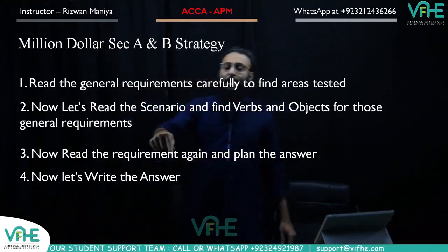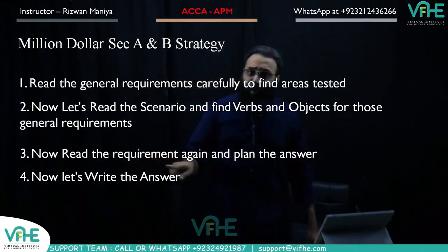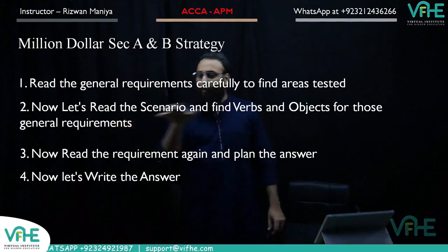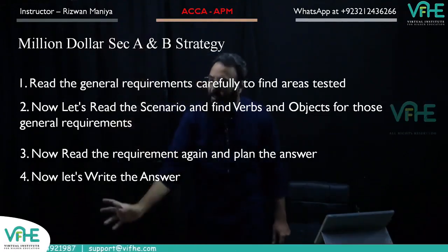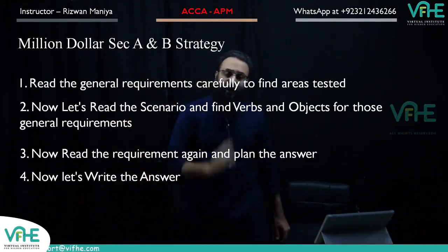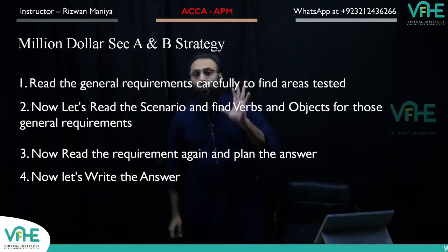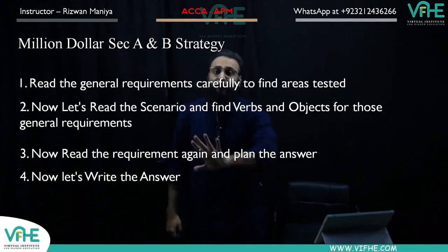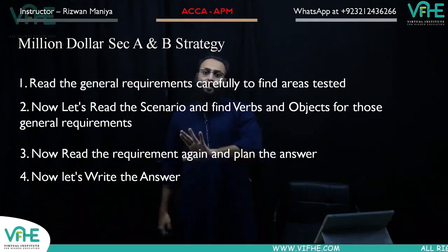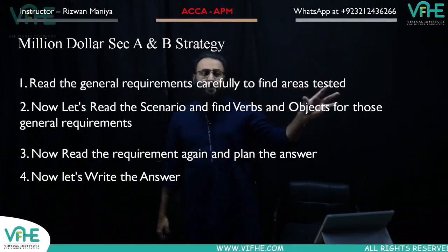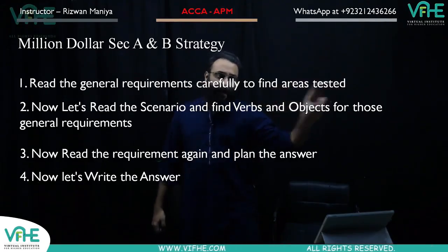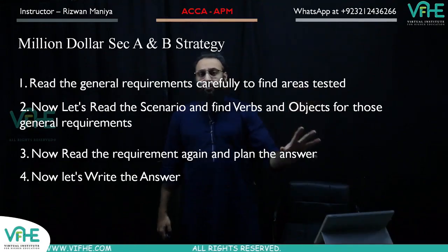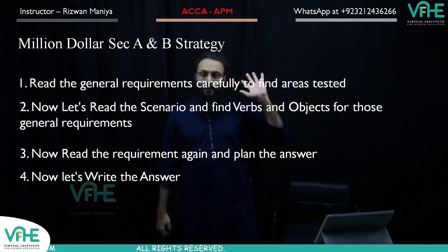The third step is solving the requirement, either exhibit-wise, or reading the entire scenario and writing the answers one by one. You know what planning of answer means at step 3. Looking at the verb and the objects, the marks, how many headings, you plan the approximate distribution of the marks, and then you write.